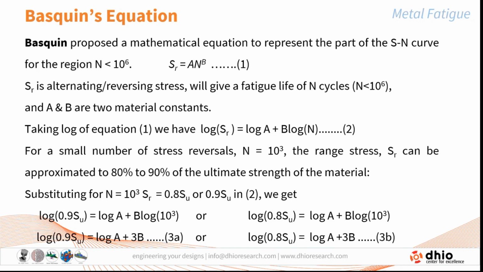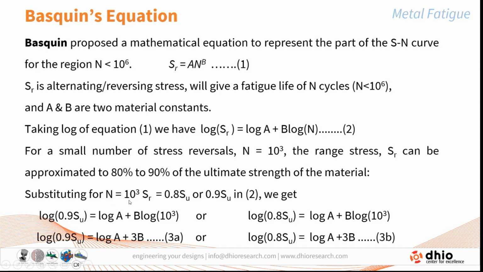Now, for a small number of stress reversals, let us say it is intermediate between the low cycle fatigue and the high cycle fatigue, where the number of cycles is taken to be 1000 cycles, where we consider the stress level induced in the component to be 0.8 or 0.9 times the ultimate strength of the material.